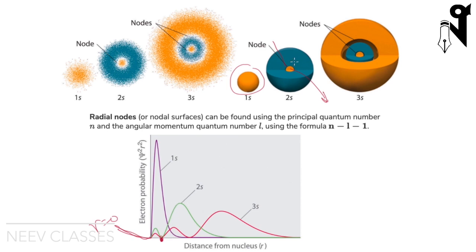Then again this green region, for the 3s you see there are two nodes here as well as here, this point as a node and that point as a node. So you have two nodes here as well as there.